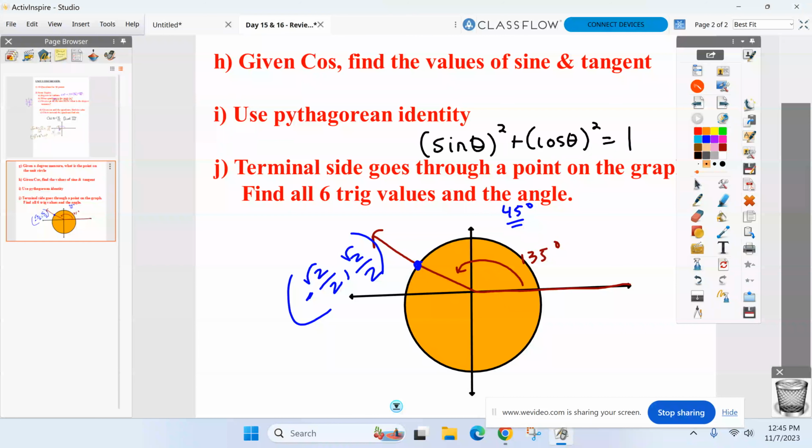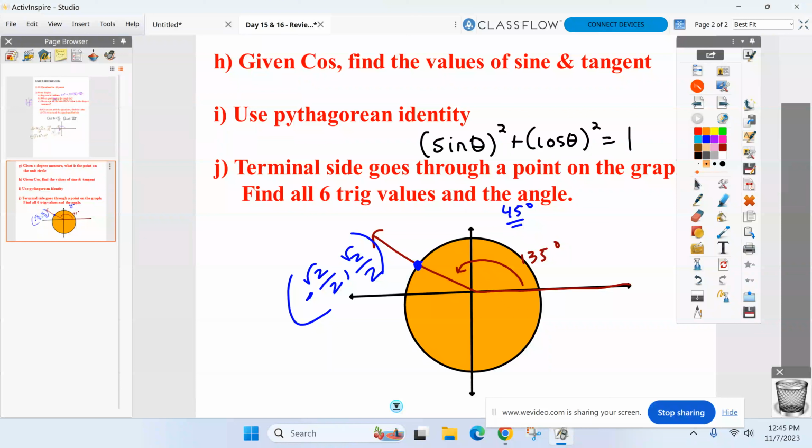If I give you cosine and I ask for sine and we're in quadrant 4, your answer should be negative. Your calculator's not going to tell you that. You have to remember, I'm in the 4th and it's sine, so it's negative.